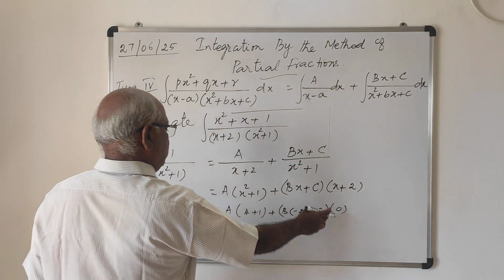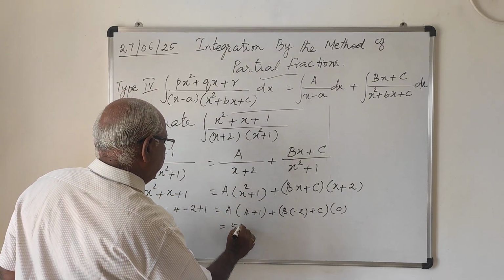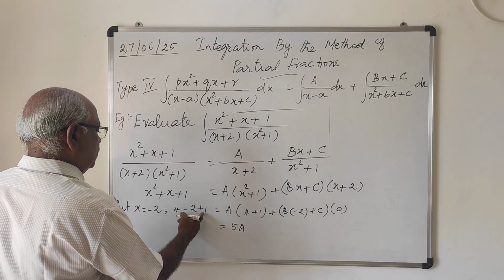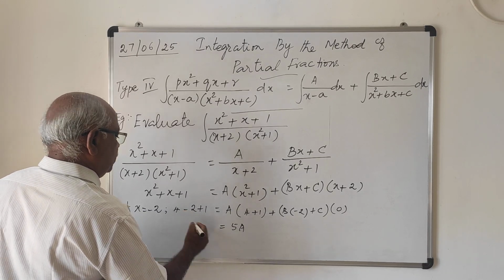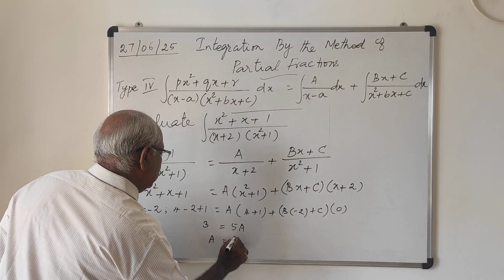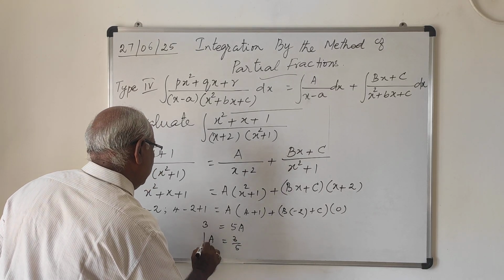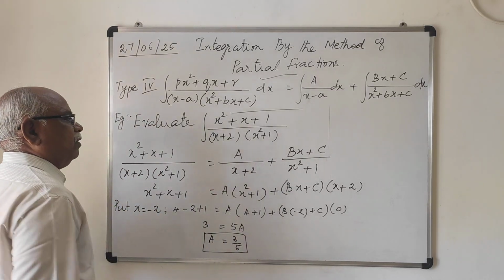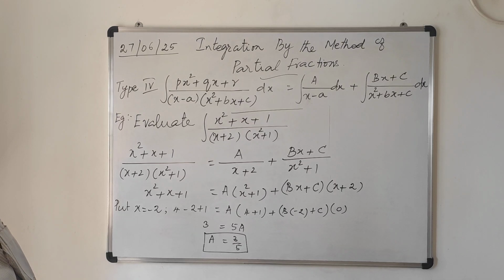So the second term becomes 0. You will get 5A equals 4 minus 2 plus 1, which is 3. So 5A equals 3. From this you get A equals 3 by 5. Okay.